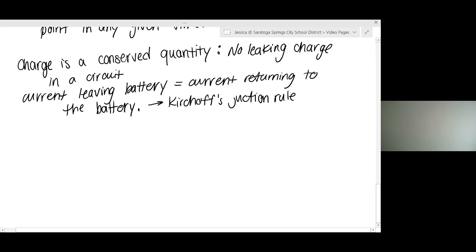Okay. Now, one thing that can get kind of confusing about current is the direction of the current. Okay.